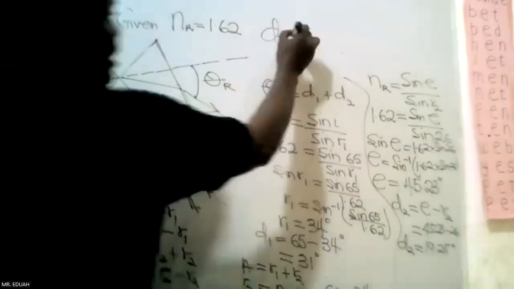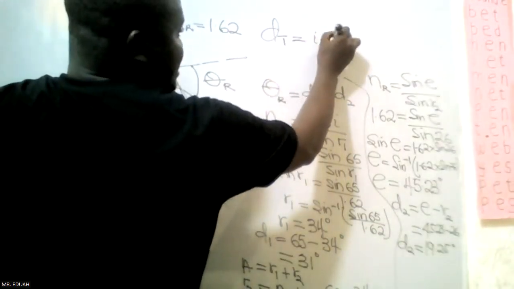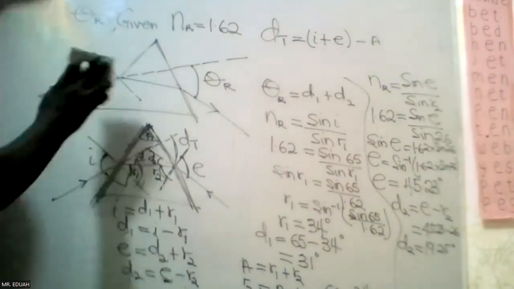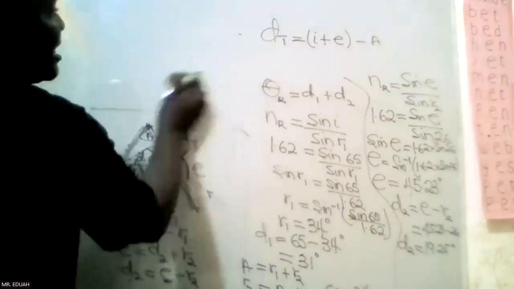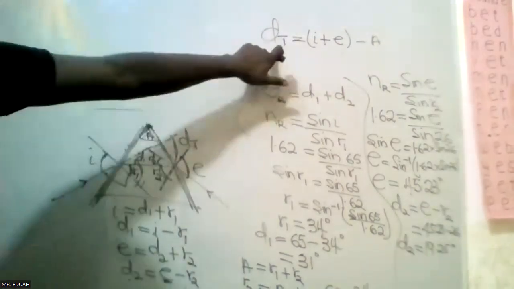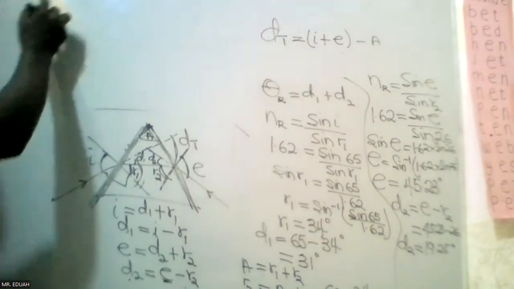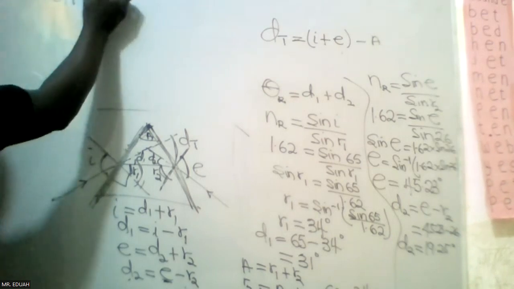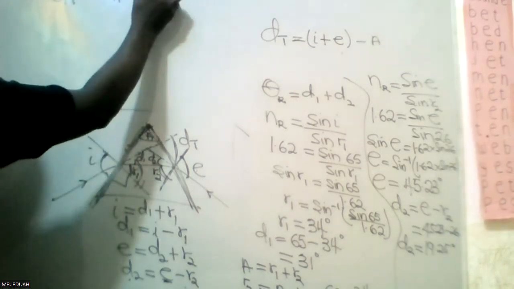Another method is that the total deviation dt, I think I gave you this formula, is equal to angle of incidence plus angle of emergence minus A. Let me explain how this formula is obtained. The total deviation is equal to D1 plus D2.